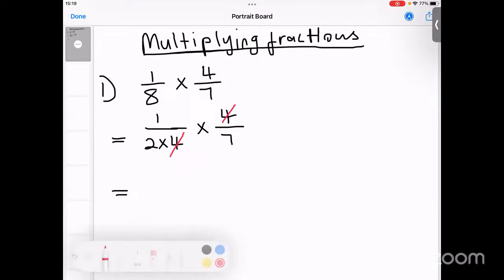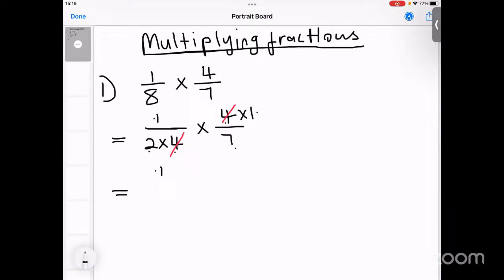And in that way, it makes it much easier for you to continue and say, okay, I've got 1 at the top, and that 2 will have to multiply with that. Just so that I'm being fair, 4 is the same as 4 multiplied by 1. So as this 4 cancels with that 4, this 1 will be multiplied with that 1.